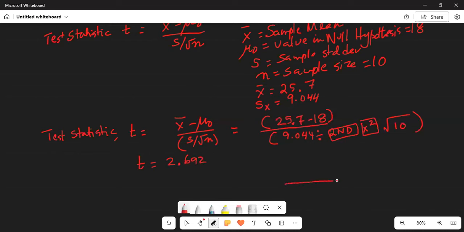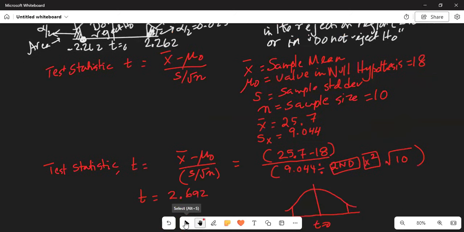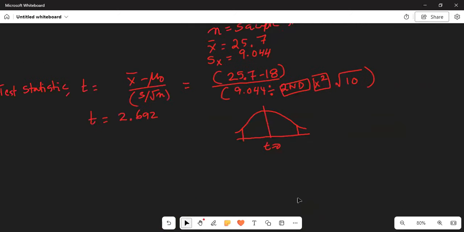Just to remind you, we have identified earlier the critical values of T. So T is equal to 0 in the center, and we have a critical value on the left and a critical value on the right. I calculated the critical value as 2.262.